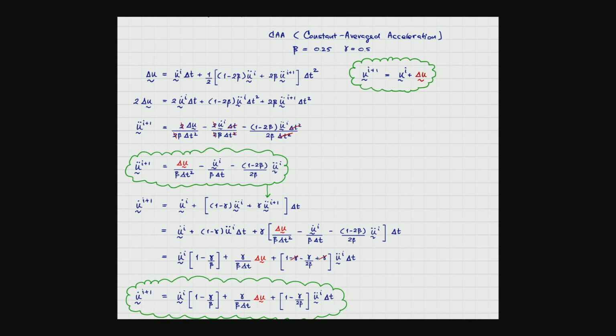Now I think maybe the question arises. The question could be, well, sir, if I am at the first step, what would u i and u double dot i be? You want to start the analysis, you are at step 1. Well, it's up to you. Time 0.